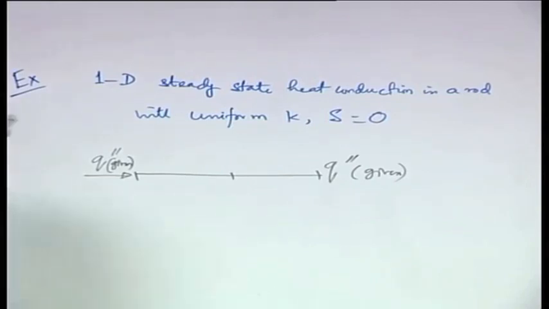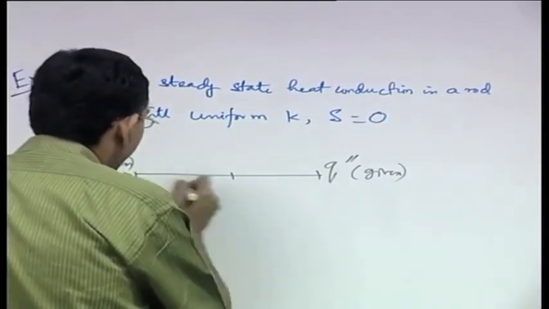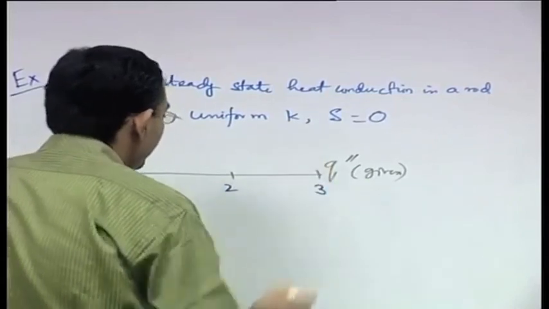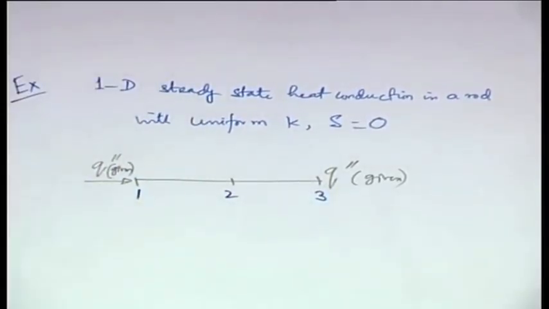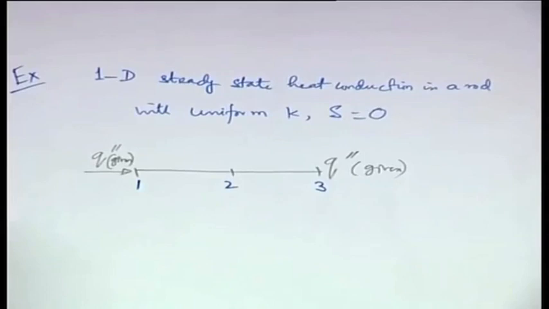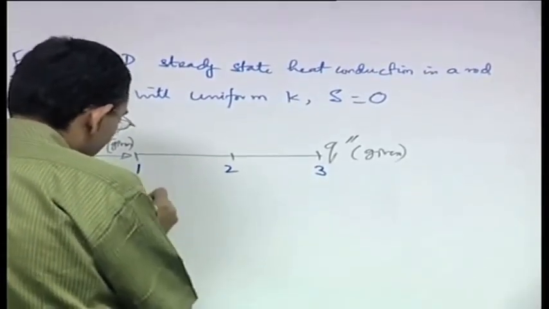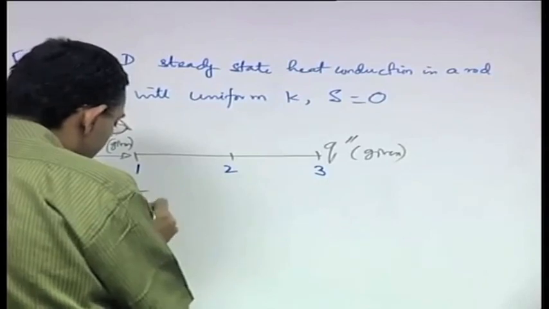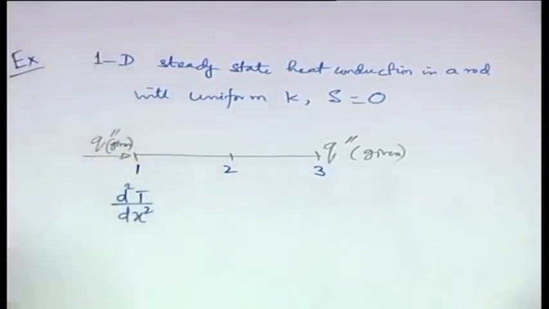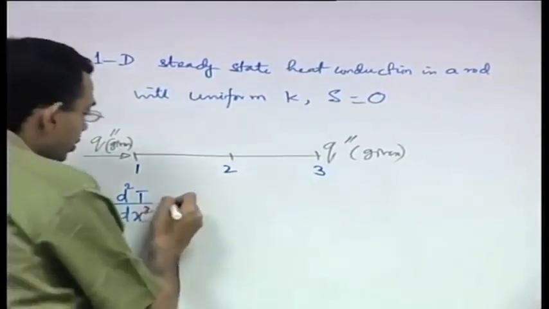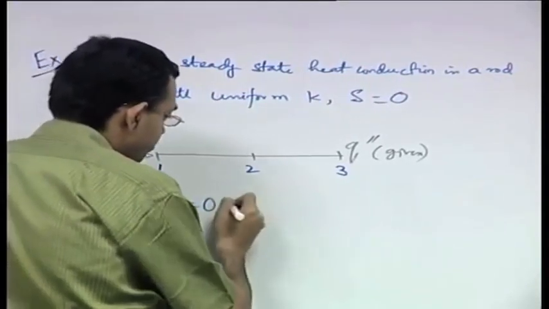Now, we number the grid points 1, 2 and 3 and write the corresponding discretized equation. For the grid point 2, we have done it a few times earlier, so let us quickly do it. The governing equation is d2T/dx2 equal to 0.